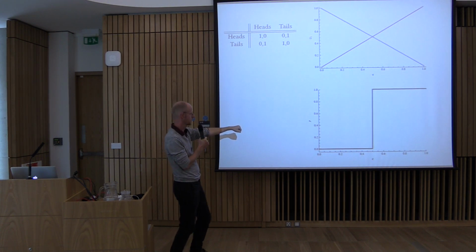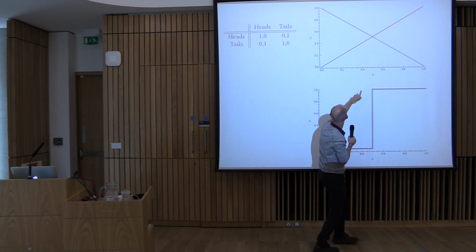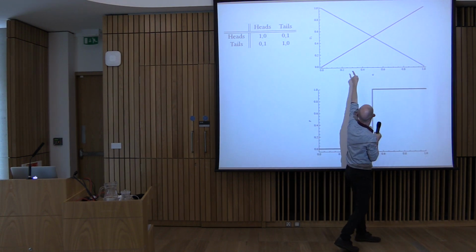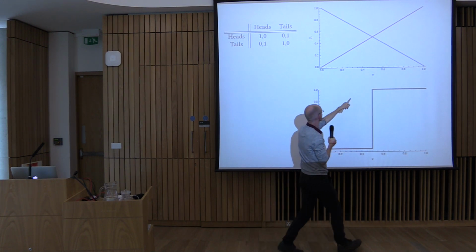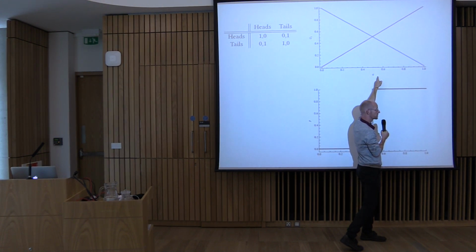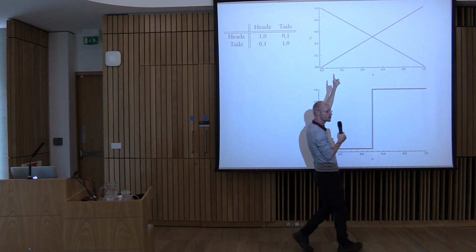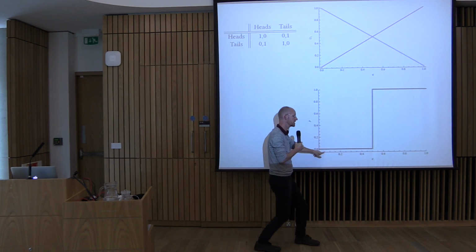Comparing the blue line versus the red line, until he plays 50% heads and 50% tails, it's always best for you to play heads, so the probability of tails is 0.